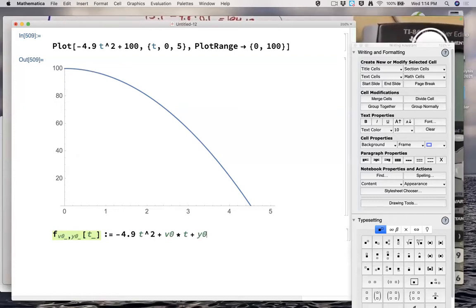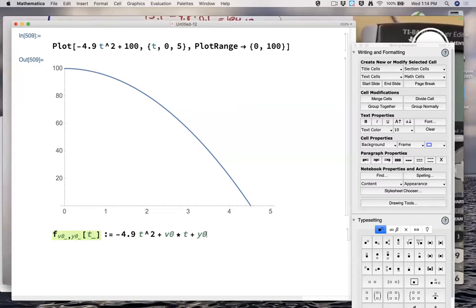But by allowing v0 and y0 to change, that's going to give me more power to see what happens if I do change the initial velocity and initial height. How, for example, does the time when it hits the ground change? This allows me to figure that out, and also make animated graphs to understand what's happening more deeply as well.